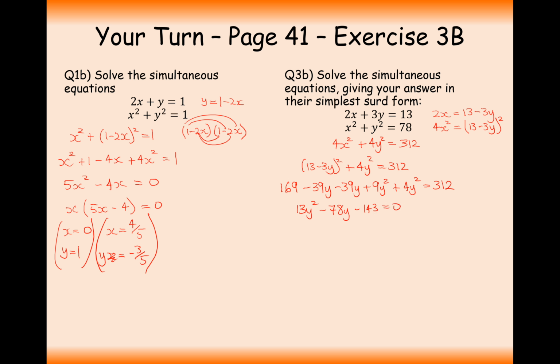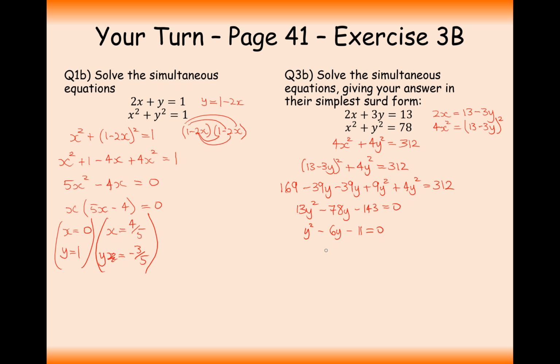I do believe we can factor out 13 here, so y squared minus 6y minus 11 equals 0. Just check that 78 divided by 13 is 6. Good. Okay, just checking that.